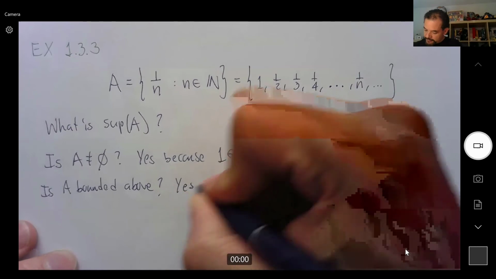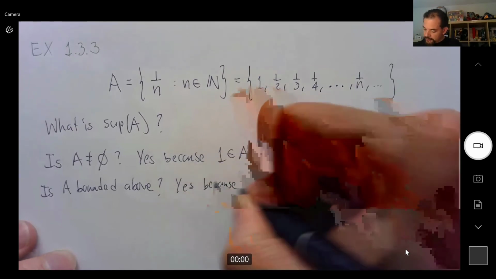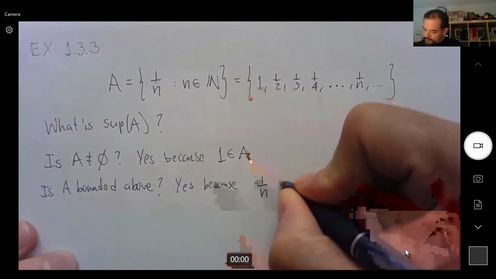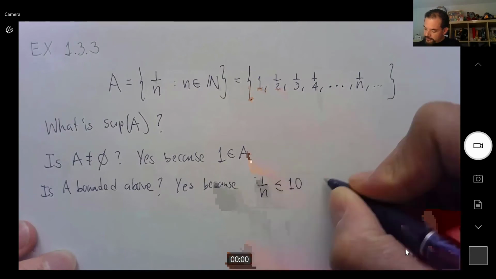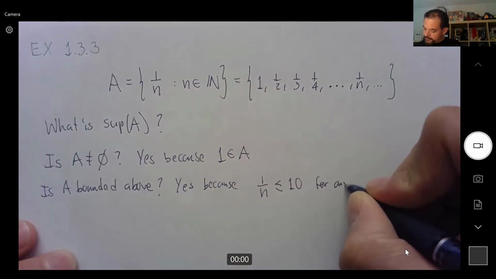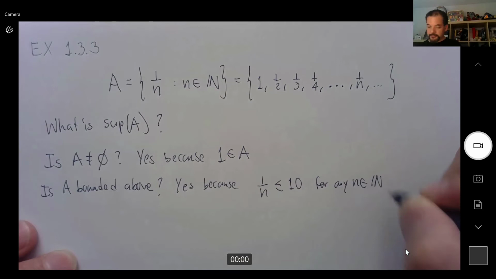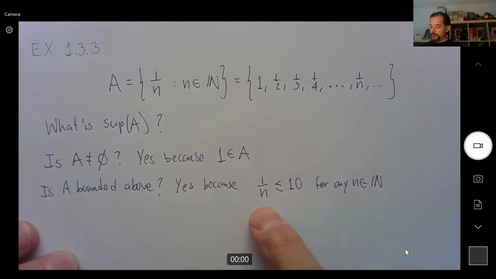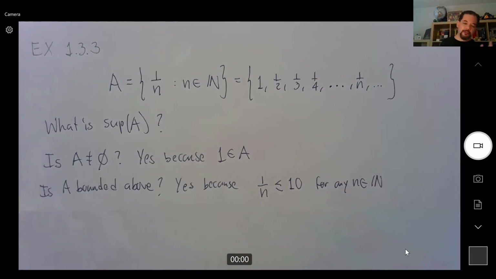So yes, because 1 over n is smaller than or equal to 10 for any n natural number. Of course, because these numbers, 1 or 1/2 or 1/3, are all smaller than 1, but I didn't pick 1. I picked another bound. But you're already on the right track to answer the next question.